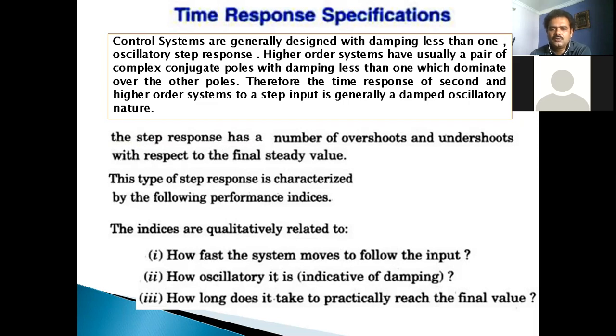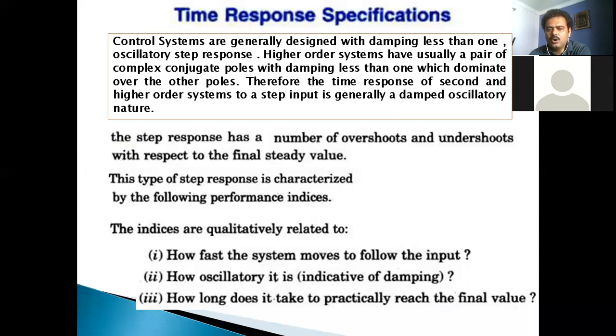These indices are quantitatively related to how fast the system moves to follow the input. Whenever some signal is given, the system has to respond immediately, or follow the input.